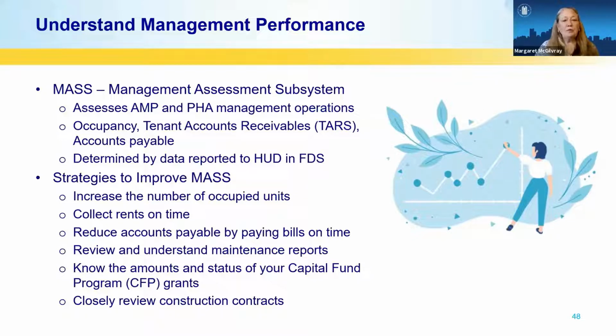Unit turns should be done within a month, and even just a few short days. The private sector actually says 5 days. Most housing authorities have trouble with that, but certainly within the month.